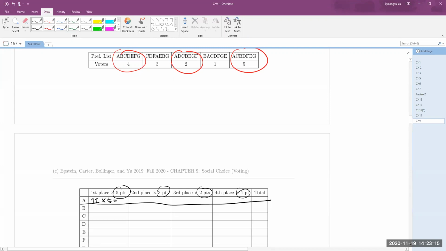So A got 55 points on the first place. And in the first preference list, they think that A is the second place, and there is only one voter who thinks that A is in the second place. So A got 3 points on the second place.